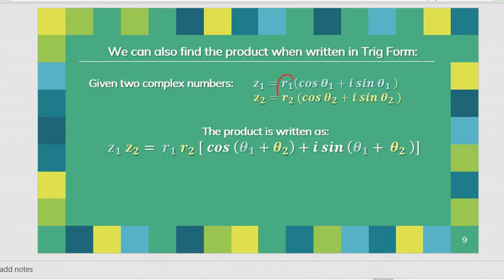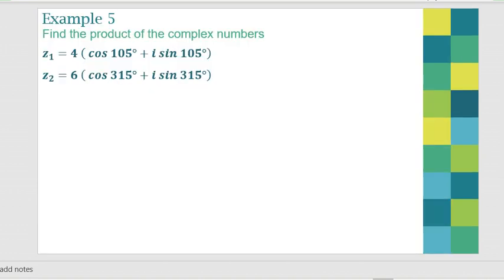Last thing we have to learn is this formula. You multiply here and you add the degrees. Okay? So they add. That's what this is telling you. All right, so let's look at the last example that I need to get through. So to find the product, I'm going to multiply here, and that's going to give me 24. And you can write this as cosine 420 plus I sine 420.